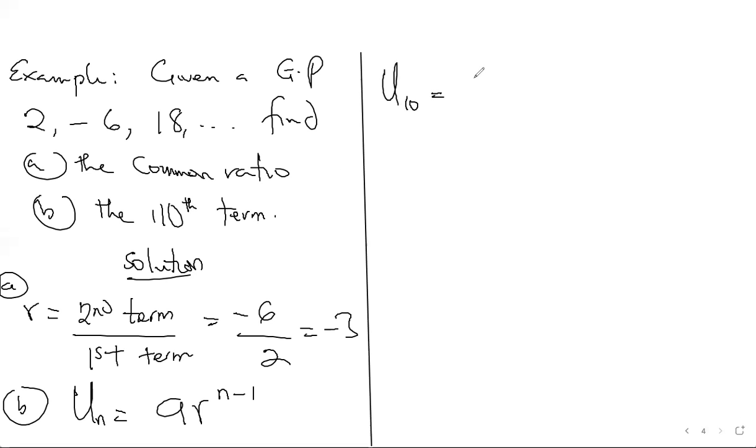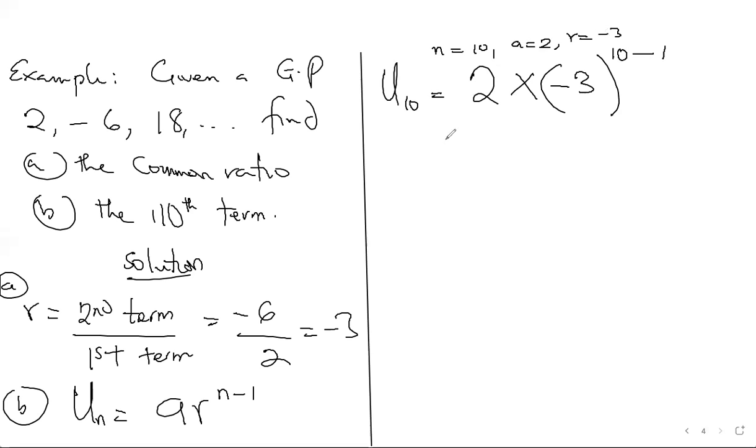That will be a, which is 2, the first term, multiplied by r, the common ratio, raised to power 10 minus 1. Because n is 10, a is 2, and r is minus 3, U10 will be 2 multiplied by minus 3 raised to power 9. So minus 3 raised to power 9 multiplied by 2. This will be quite large.